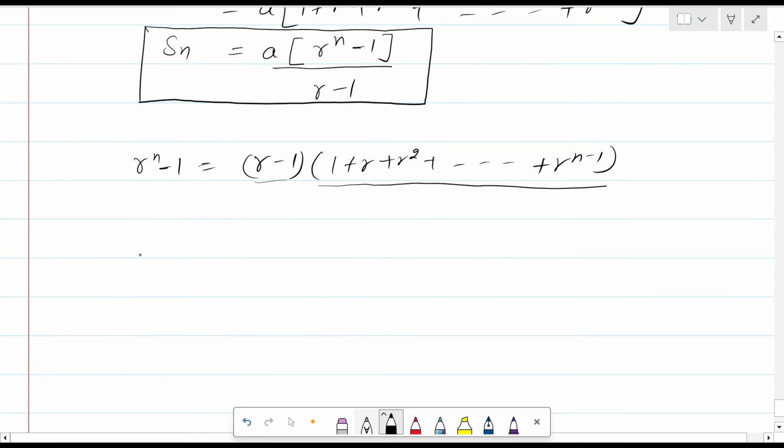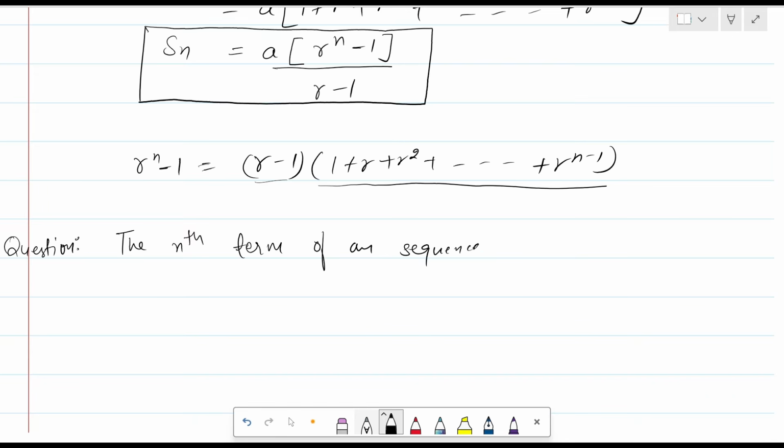Now I'm writing here some questions. The nth term of the sequence 3, root 3, 1 is 1 upon 243.